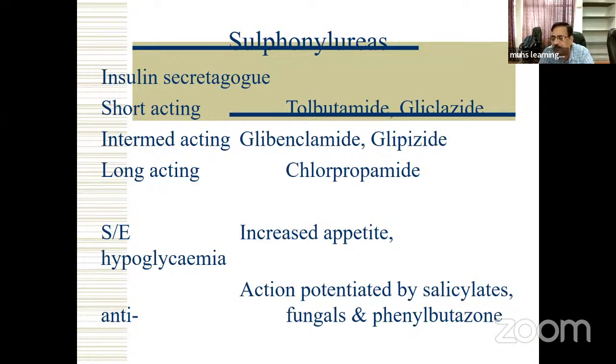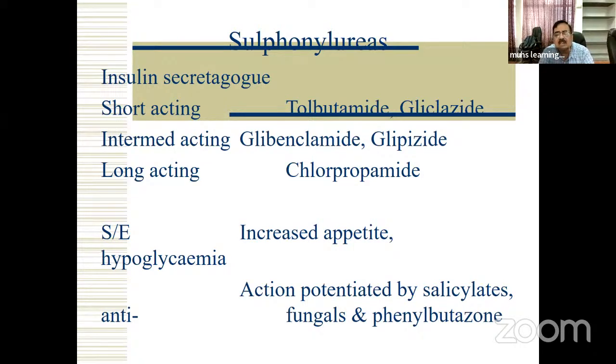That is why it is preferred over the other agents. But head-to-head studies are very limited. The available agents you should select and give to the patient based on his affordability and convenience. It should not be that you straight away go to the higher one and penalize the patient.